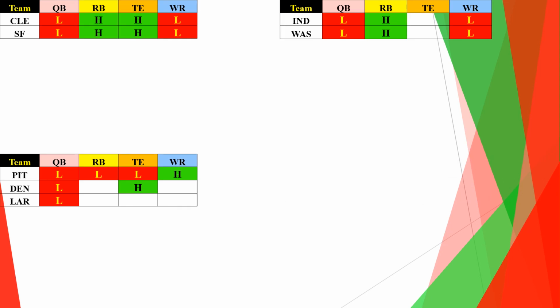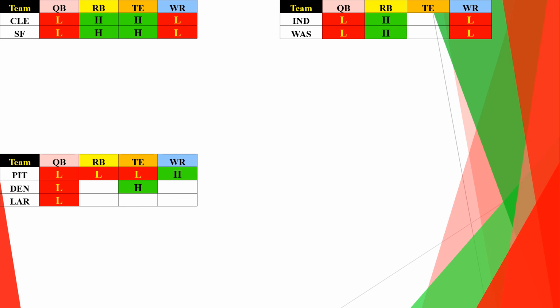Cleveland and Frisco look a lot alike. Rushing and tight ends, high. Passing and wide receivers, low. So Cleveland has that as well. Indy, Washington, running all day, tight ends average. Pittsburgh, lots of wide receivers all day. Denver loves its tight end, Fant.